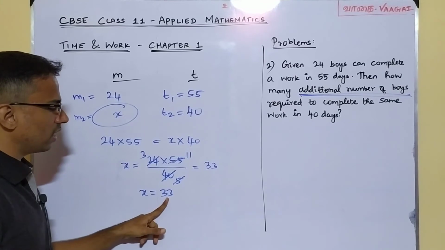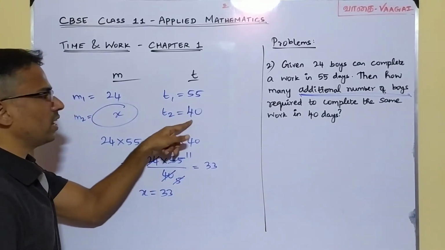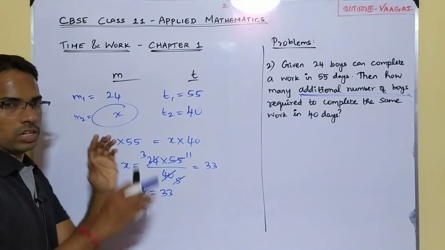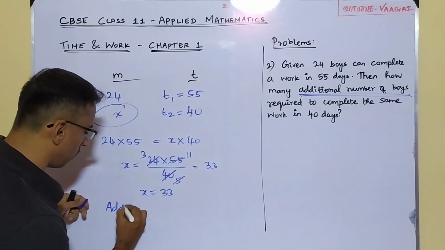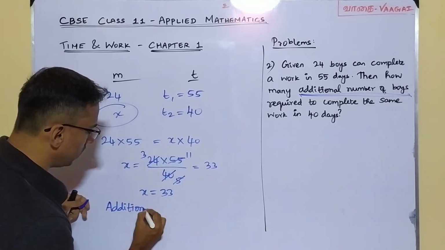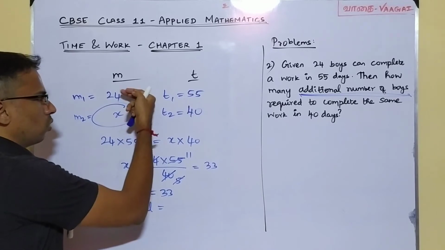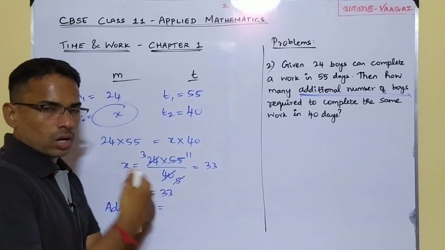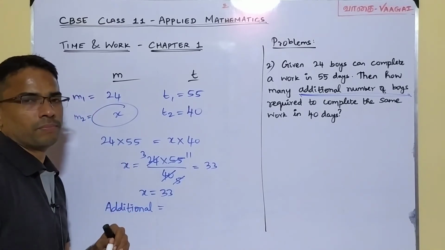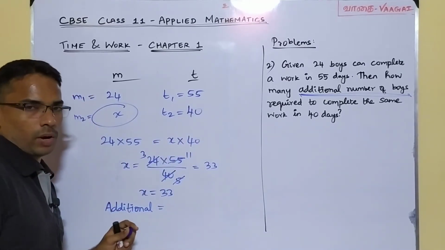See here, X we are getting to be 33. That means in order to finish this work in 40 days, we require 33 boys. That is okay. But the question is asking how many additional boys, so how many extra boys are required?